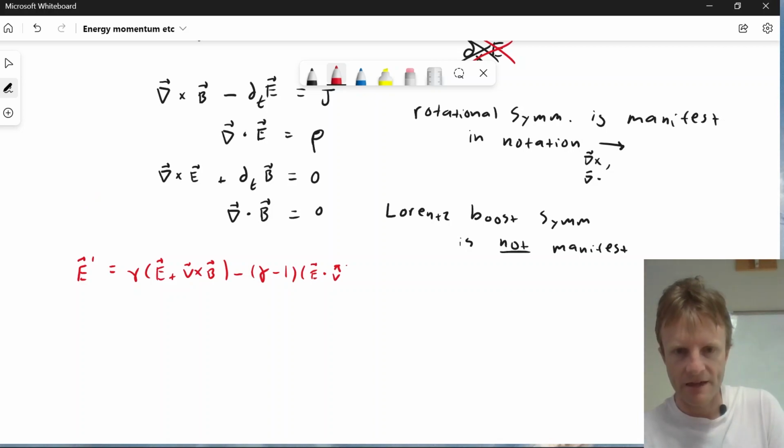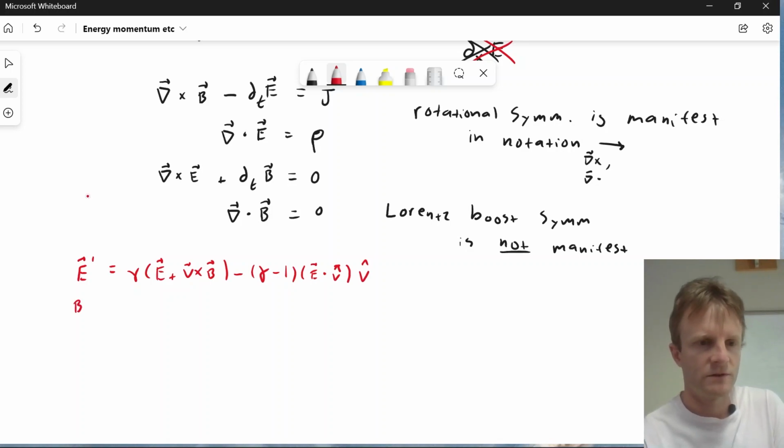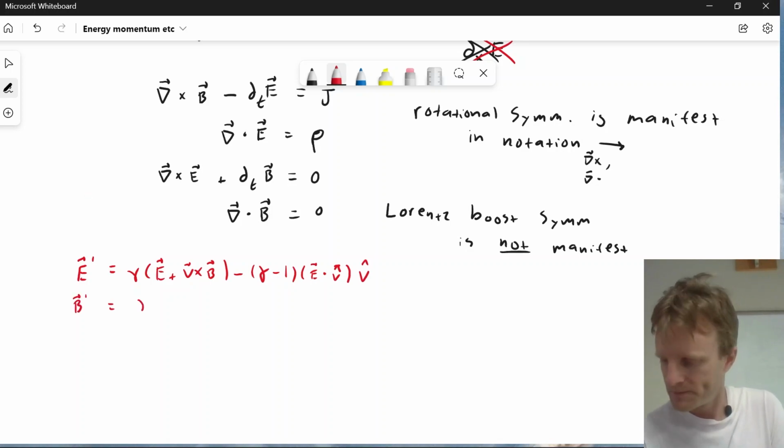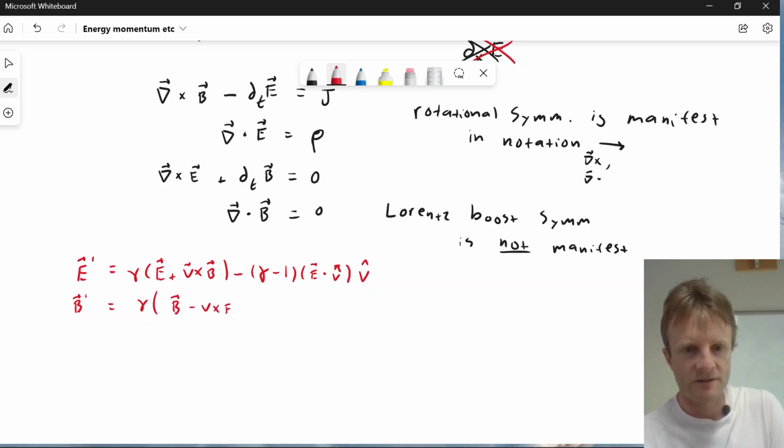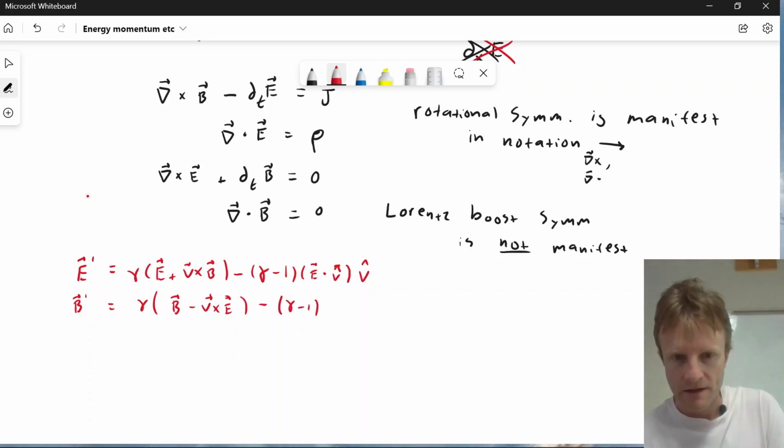This is V hat, the direction of the velocity we do the boost. B prime is gamma times B minus V cross E, minus gamma minus 1 times B dot V hat V hat.